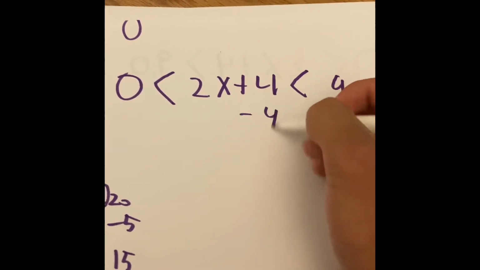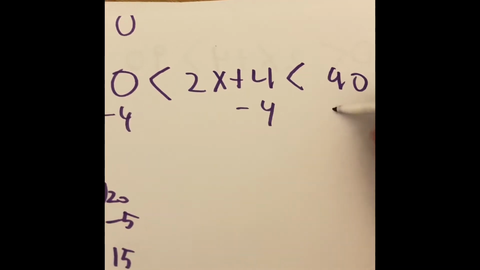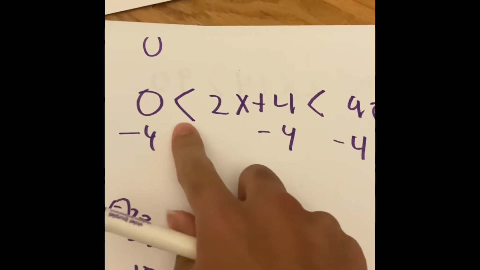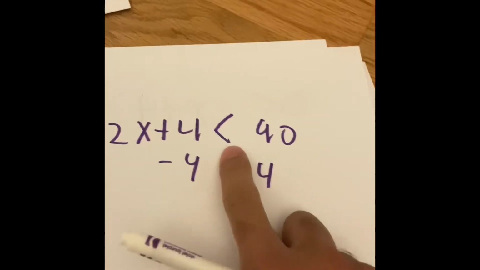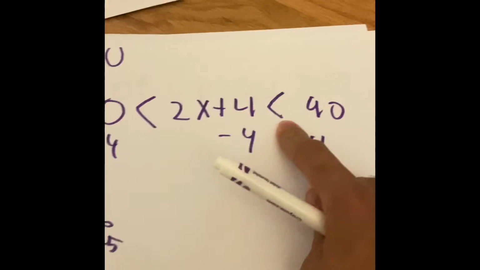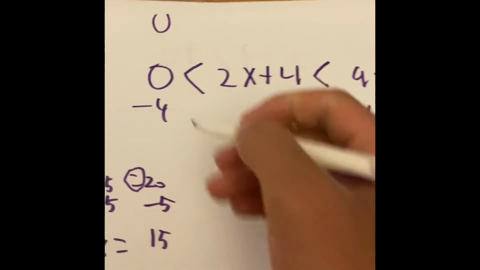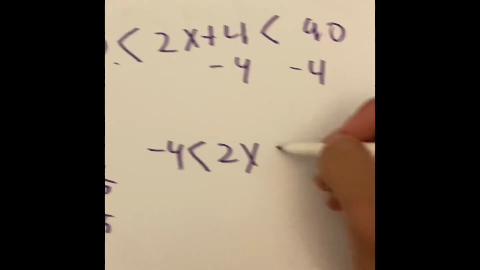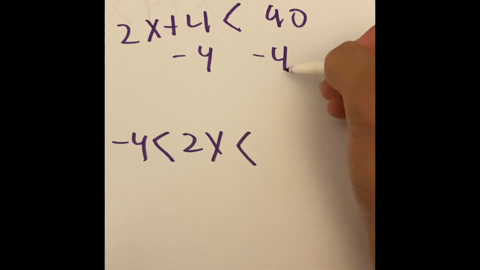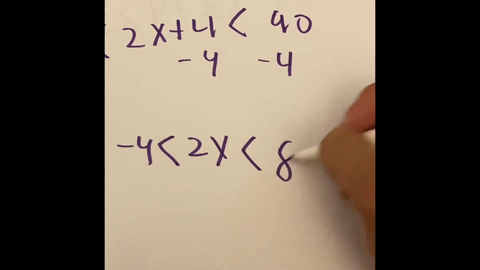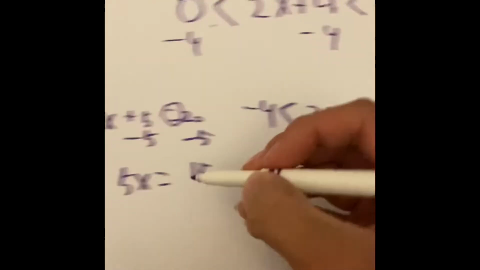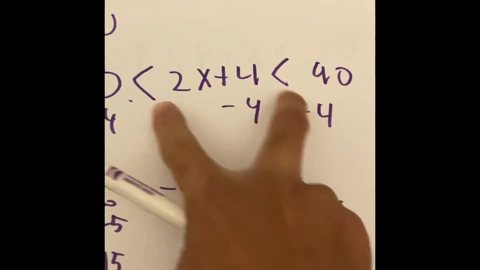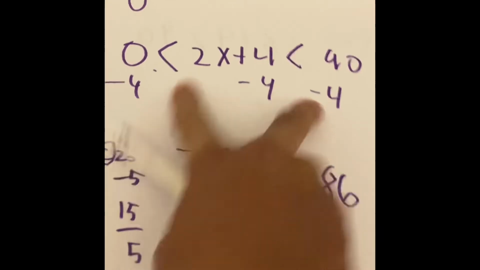So we're going to subtract 4 from all sides, because this acts as if it was an equal sign, and this one also acts as if it was an equal sign. So we gotta do double damage. So 0 minus 4 is -4. Rewrite the whole problem, 2x, and 90 minus 4, that is 86. So this is pretty much solving this sort of problem, but the only difference is that there are actually 2 of them. So you gotta do double damage.